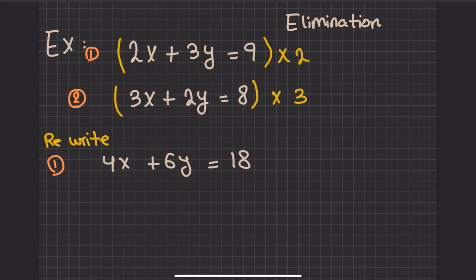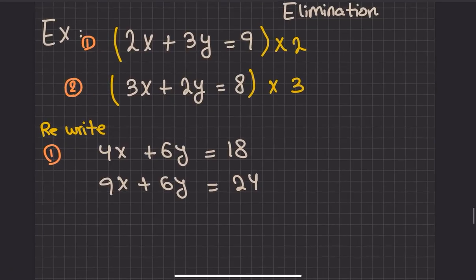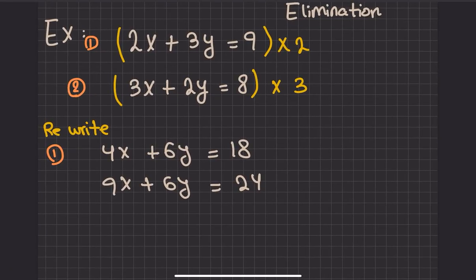My second equation would be 9x plus 6y equals 24. I'm going to use subtraction. Why? Because I can get rid of these two.